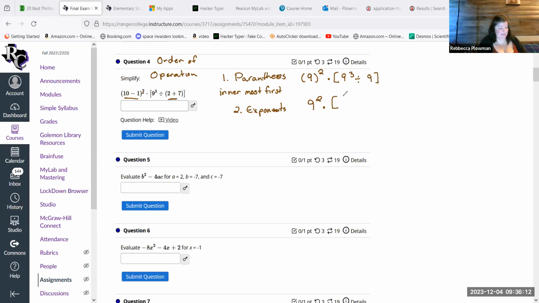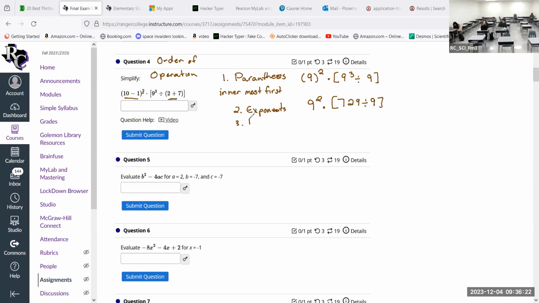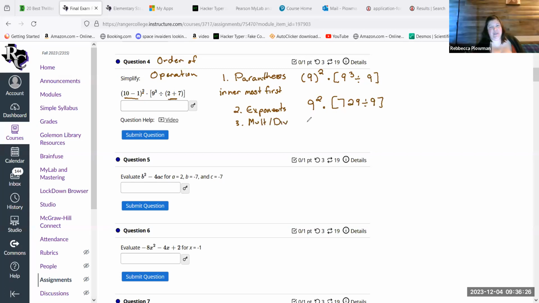In my head, I thought I had it, then I was like, am I right? 729, and then we're dividing by 9. Then we're going to do the multiplication or division, whichever we need to do. And then we would do addition if we had it, but we don't. So we end up with just 81 in here.